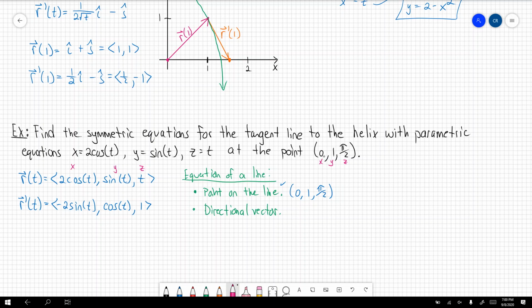If this point 0, 1, and pi halves is the point that is on the helix and is also on the tangent curve, well, then that must mean that this position vector must reach that point, which means either 2 cosine of t is equal to 0, or sine of t is equal to 1, or t is equal to pi halves.